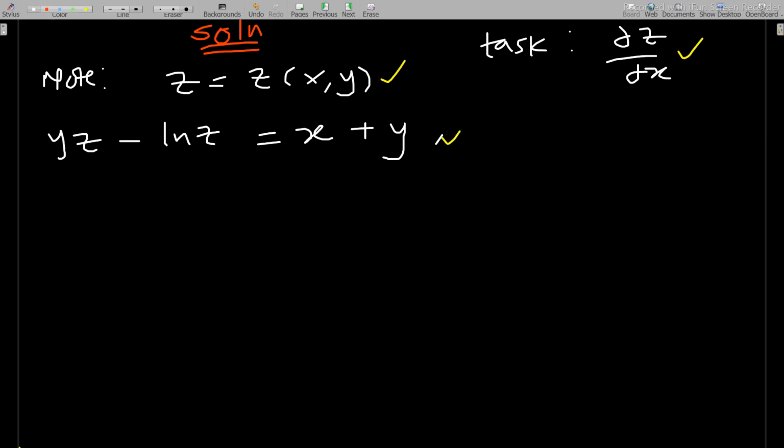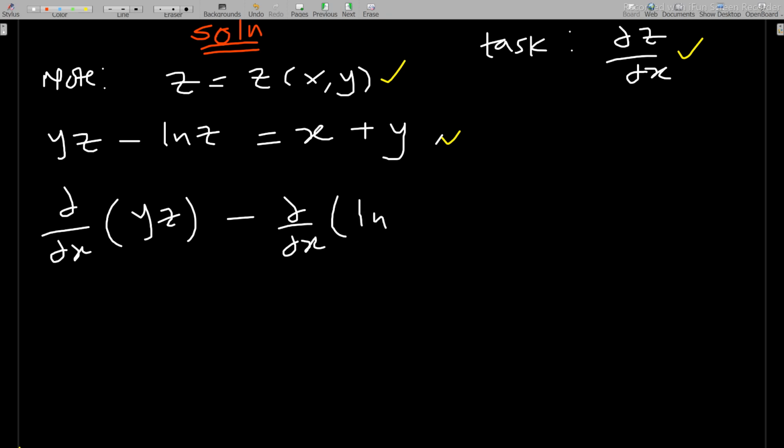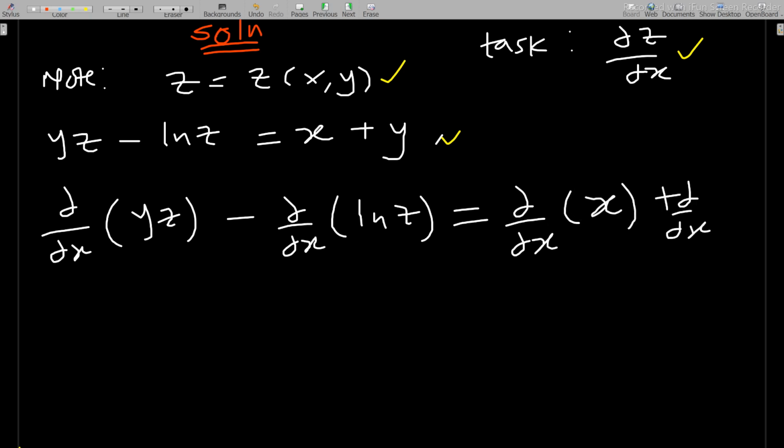In order to do that, apart from z and x, any variable present should be considered as a constant. So first of all, we differentiate term wise: del x of yz minus del x of ln of z should be equal to del x of x plus del x of y.